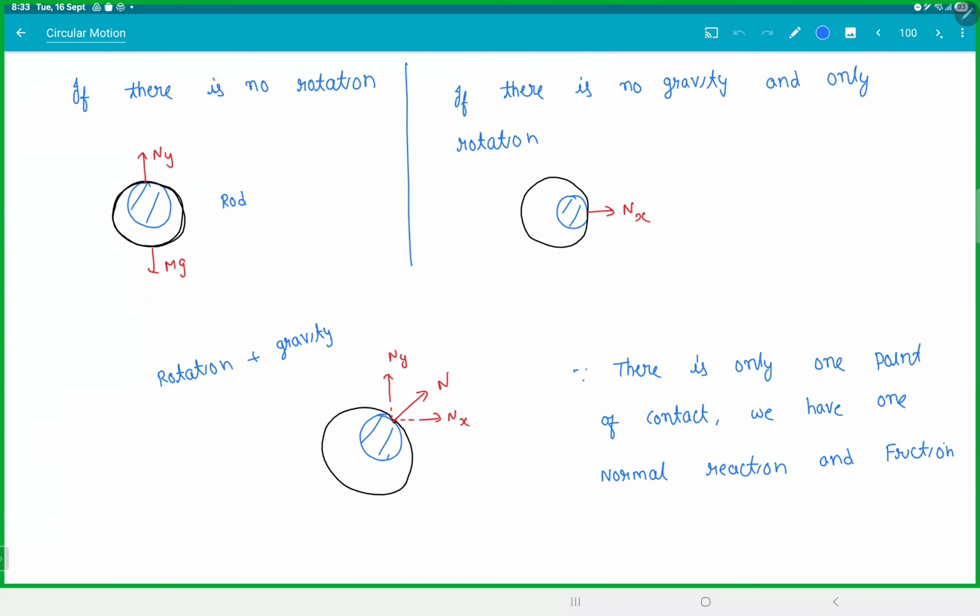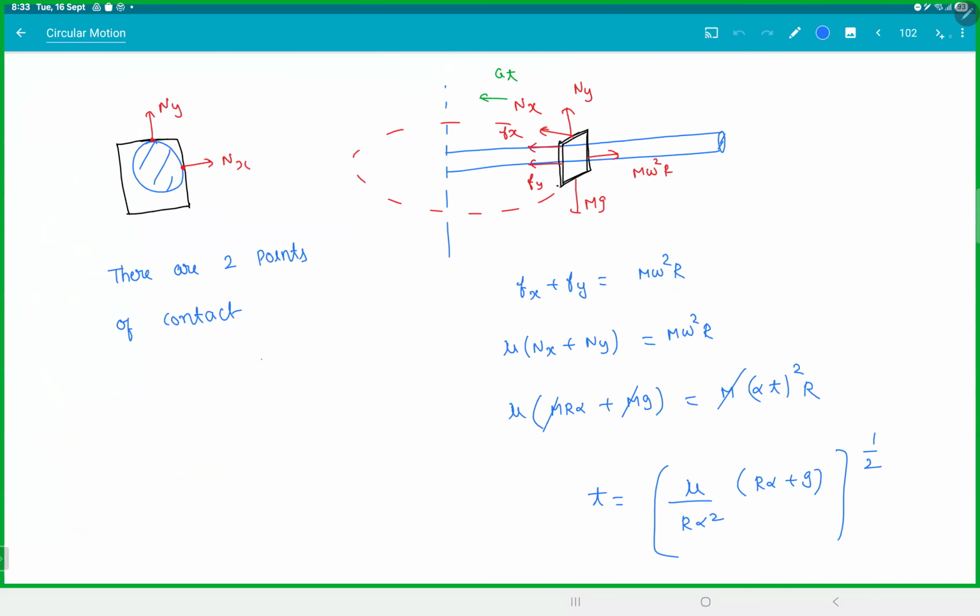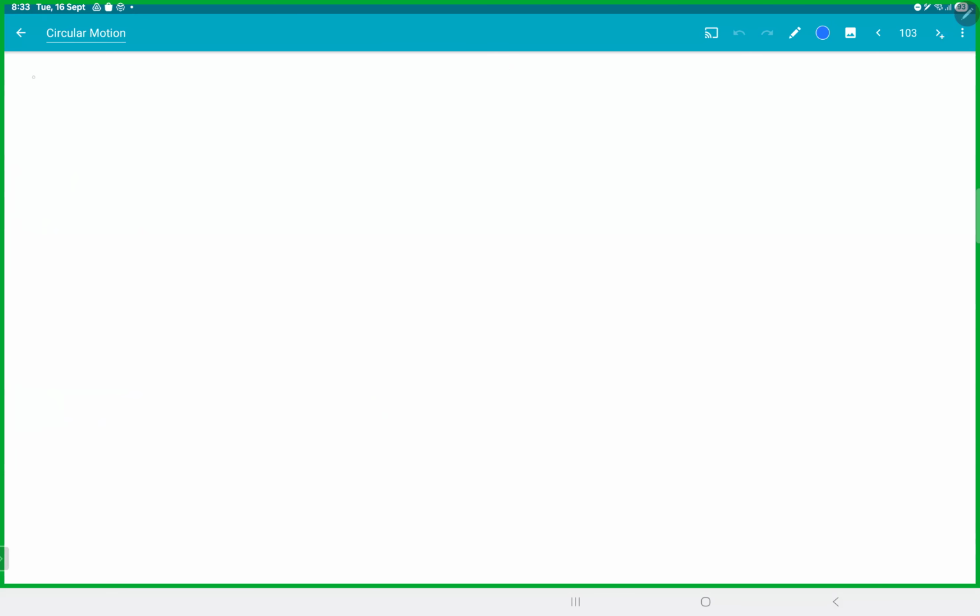Next thing, the radius of curvature. So what is this radius of curvature? You won't always see particles going in a circle.